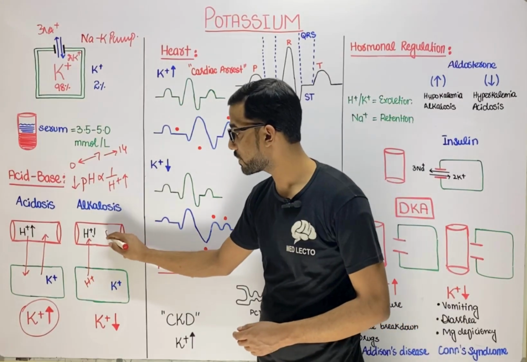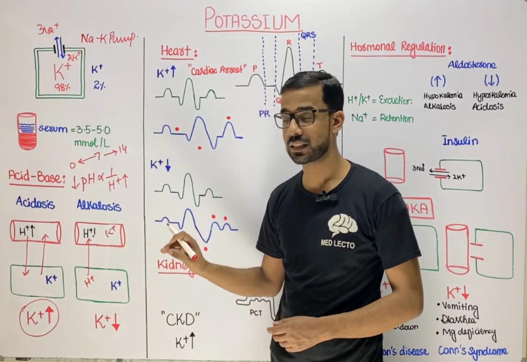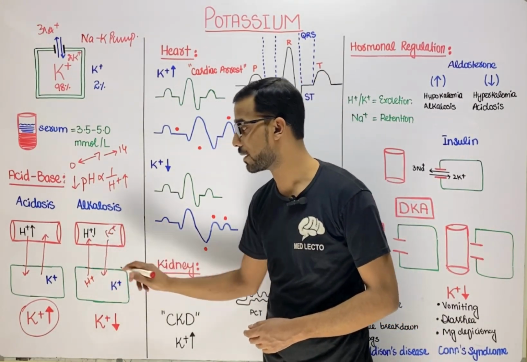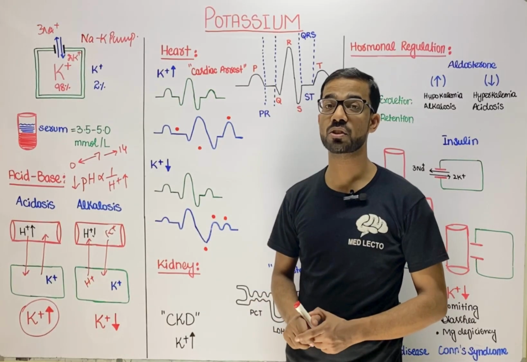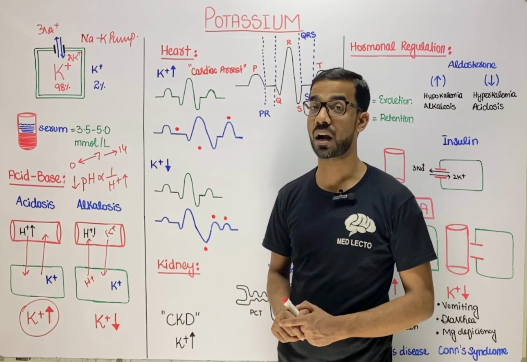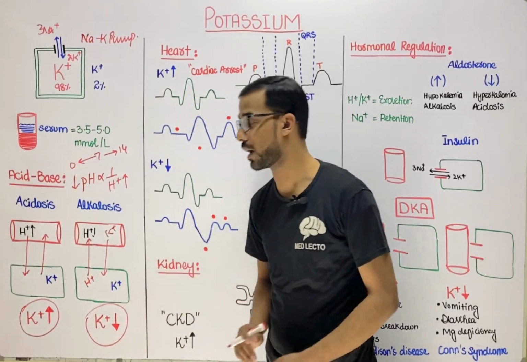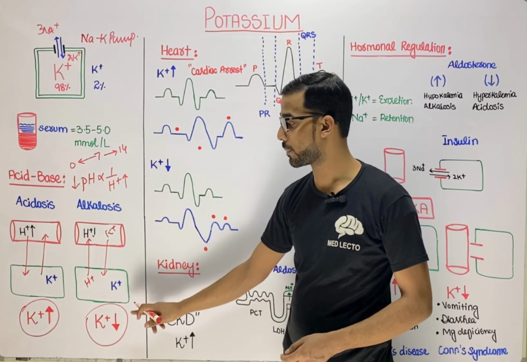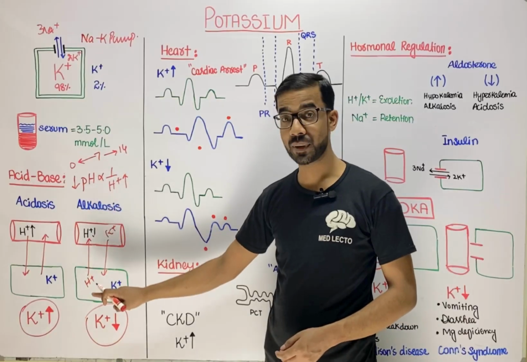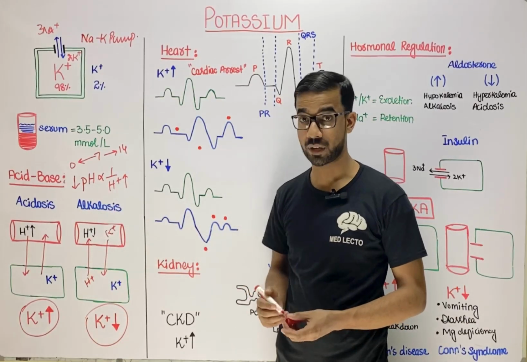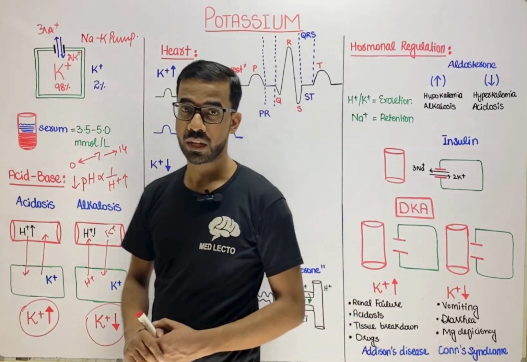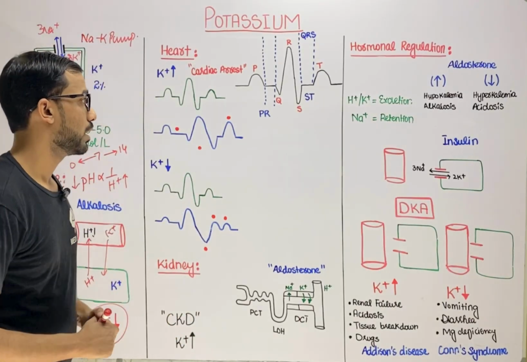Similarly, the potassium that is already present in the blood starts moving inside the cell. So ultimately, the concentration of the potassium in the blood starts decreasing, and decrease in the potassium goes towards the hypokalemia. So in alkalosis, you will see the hypokalemia. Acidosis, hyperkalemia, and alkalosis, hypokalemia. So that is the important thing regarding the acid-base effects.